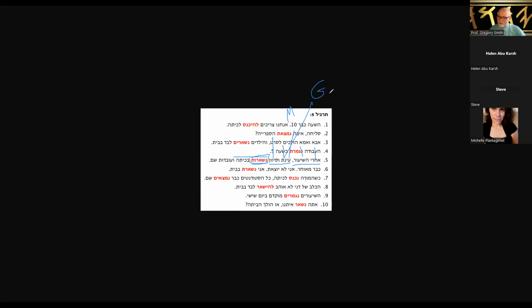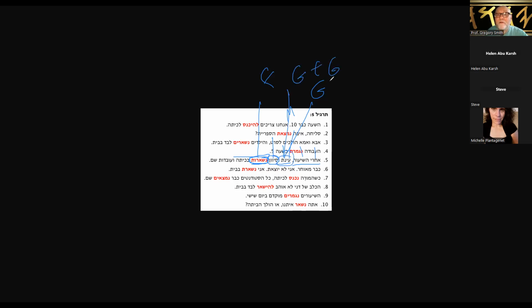It's kind of hard to figure out because a lot of these names are not Americanized names. They're Hebrew names. Einat almost to me sounds masculine, but they're saying it's feminine. And how do we know that? Because they're using this form right here, nisharot. See that? So that's all feminine. So that means that Sivan and Einat are both girls.